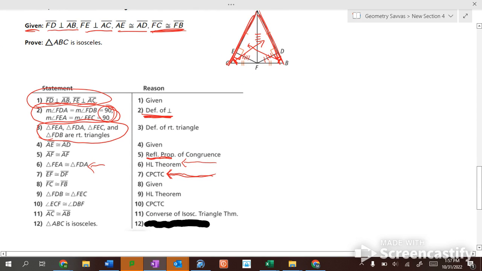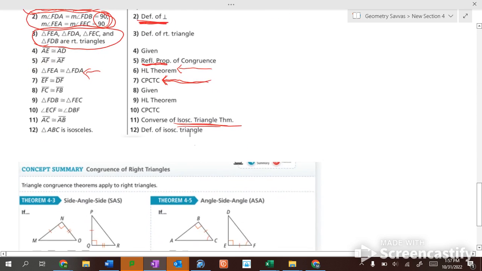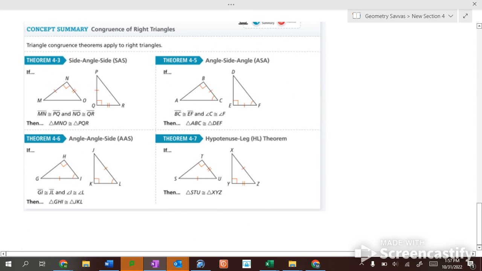You don't have to say converse for me on a test, just remember the isosceles triangle theorem. So triangle ABC is isosceles because of the definition of an isosceles triangle. So that's a 12-step proof. You might have some proofs today.